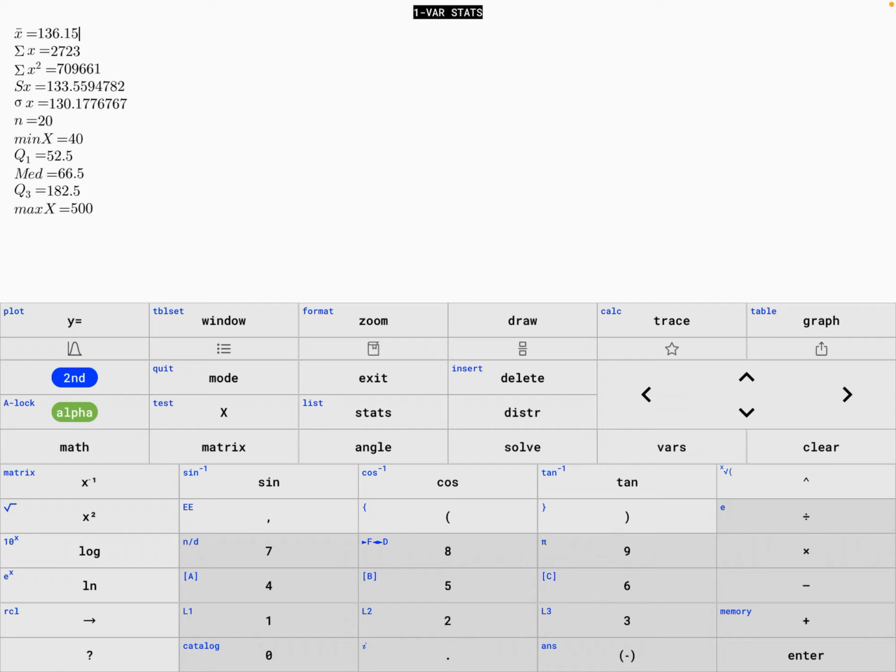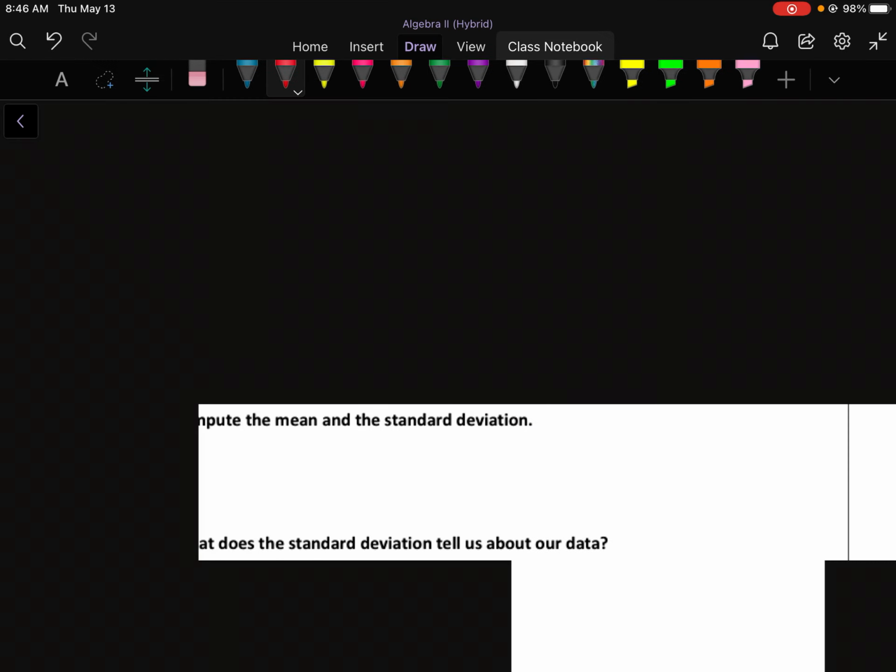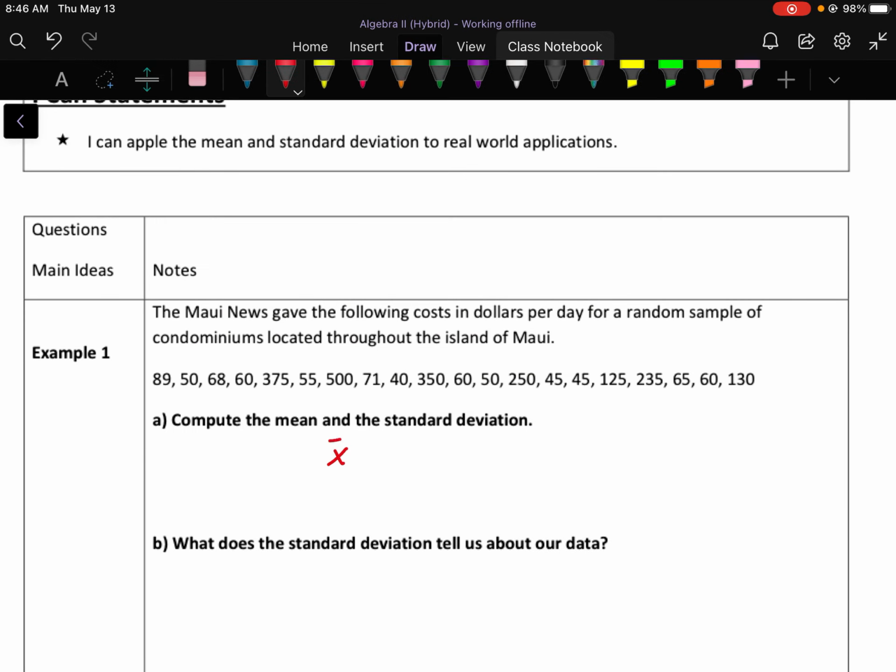So the first one that we want was the mean. The mean is x bar right here at the top where the cursor is flashing, so 136.15. So add that here, 136.15. So that's the mean. The next one we're looking for is sigma, the standard deviation.